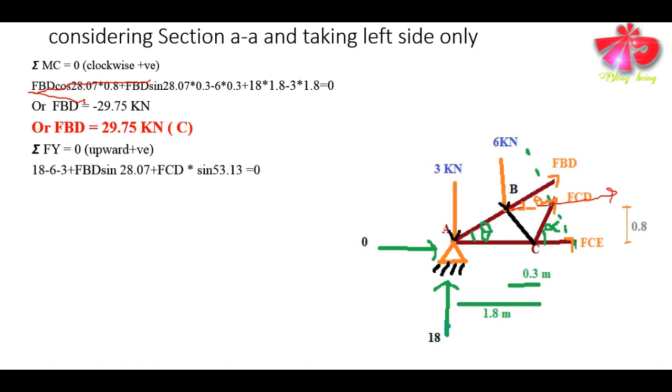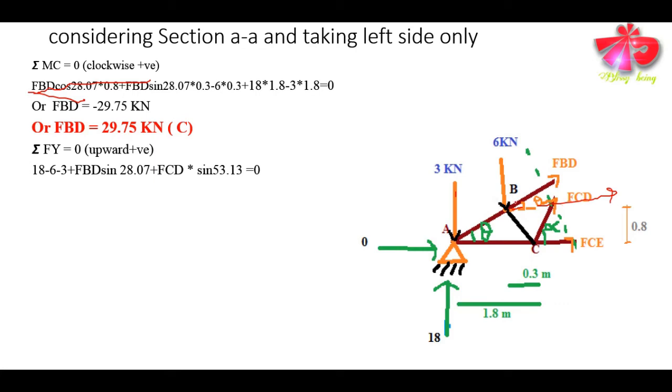We can easily write this: 18 is going upward, so we have written plus, and minus 6 is coming downward, so minus 6 we have written, and minus 3, because 3 is again coming downward, plus FBD sine 28.07.